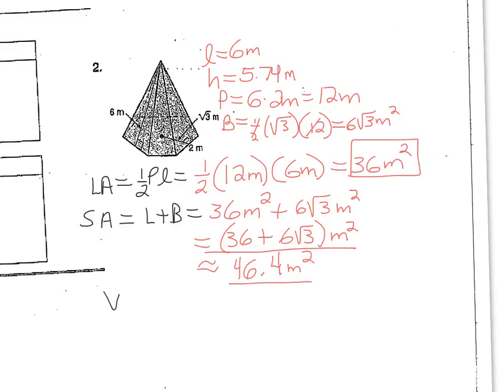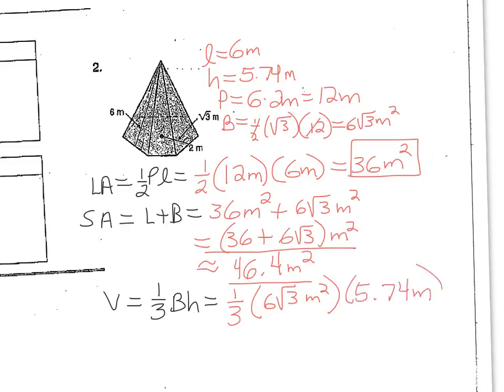And now for the volume of that pyramid, the formula is 1/3 the area of the base times the height. So 1/3, the area of the base was 6 square root of 3, times the height, which is 5.74 meters. Let's put all of that in the calculator so we're going to have an approximate answer.